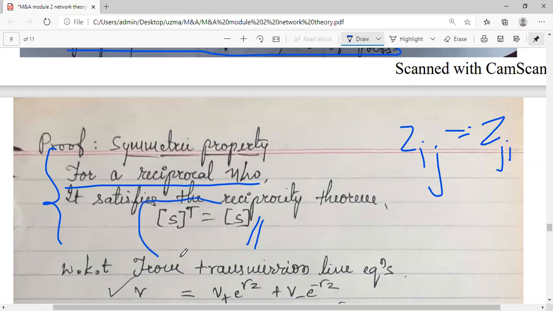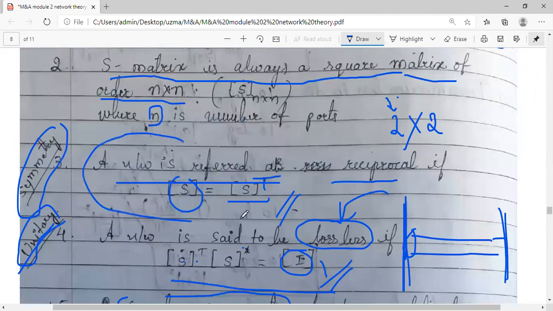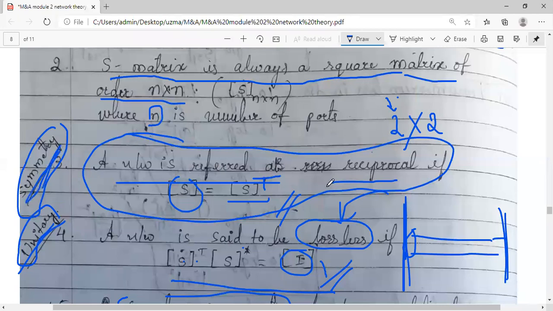So I have to prove that the transpose and the original matrices are equal. This is what we have just listed: the symmetry property, S and S transpose, for a reciprocal network, is the same. So remember, whenever you come across symmetry, reciprocal comes. Similarly, when we come across the unitary property, lossless network comes. Reciprocal and lossless.